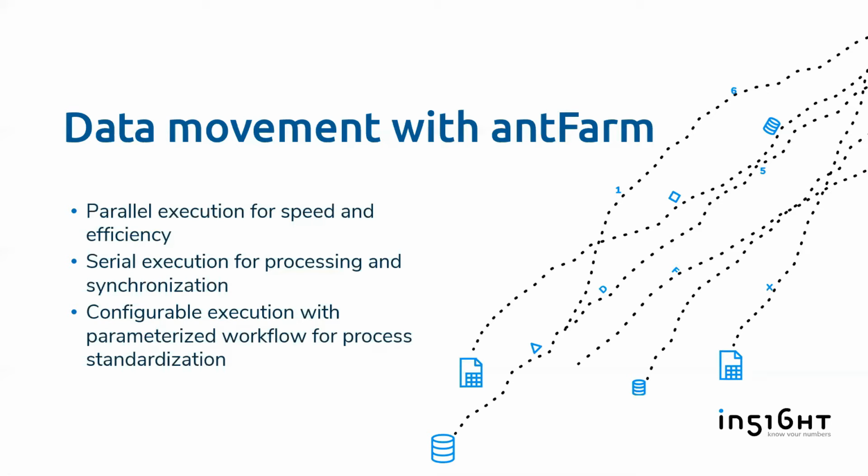That means that we have parallel execution, which facilitates speed. And that's not speed out of the source, because we are really dependent on the drivers available for that source, but we are focusing more on efficiency.